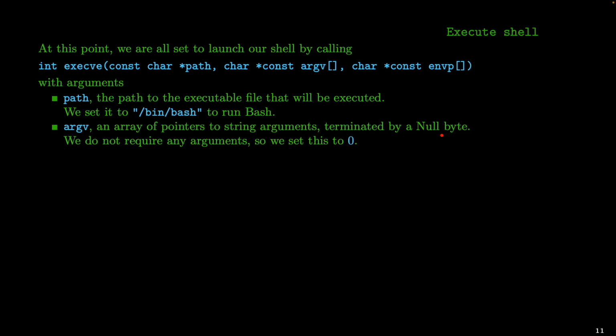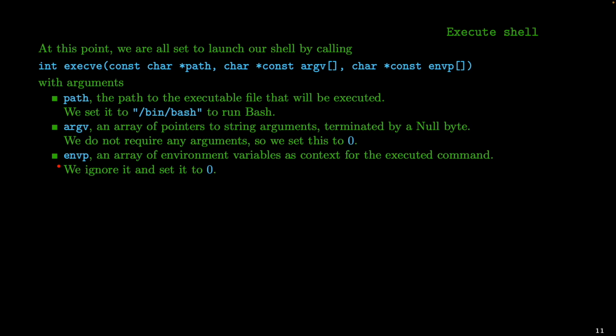Now we do not require any arguments for our shell call, so we will simply set this to 0. And similarly, the last argument is an array of environment variables, which provides some context for the executed command. We do not need this, so we'll also just set it to 0.